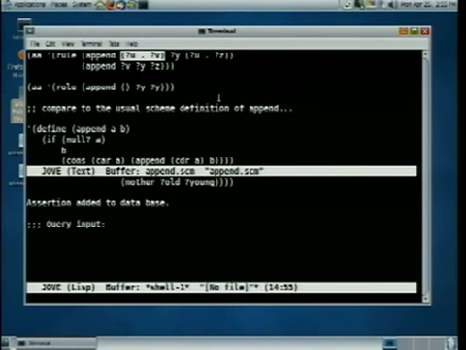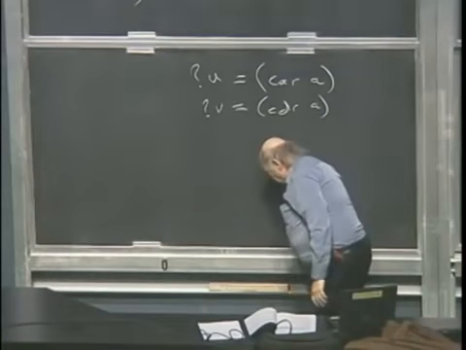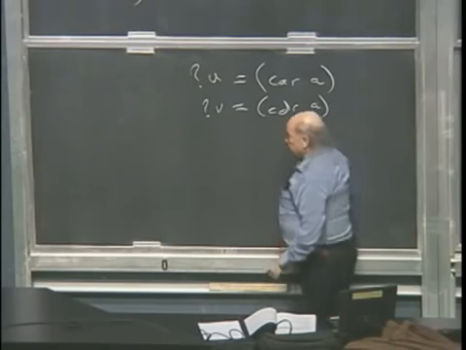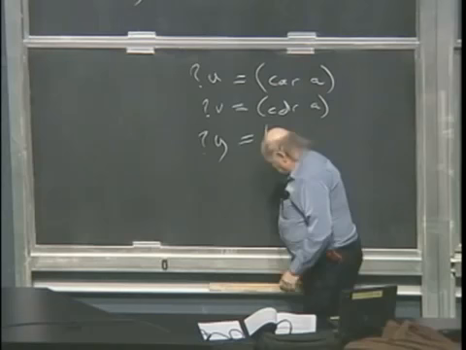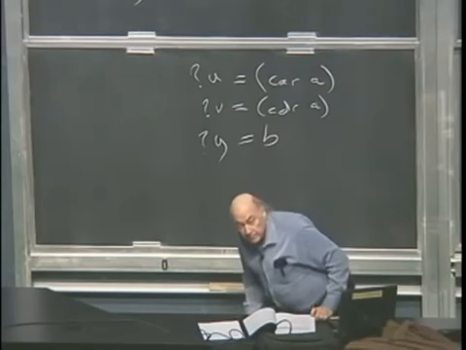Okay, so question mark U is car A. Question mark V is cdr A. And then question mark Y is B. Right?